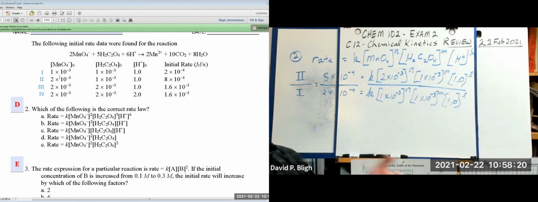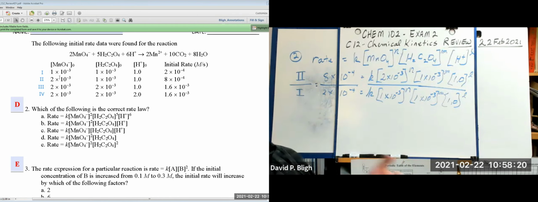So let's do that. For A, the slow step is the rate determining step, right? So NO plus NO yields N2O2.